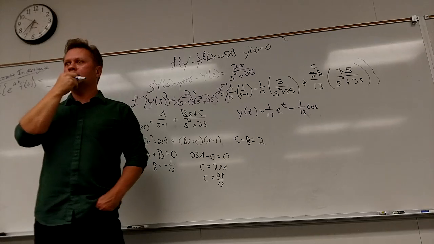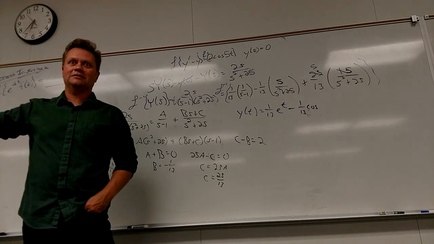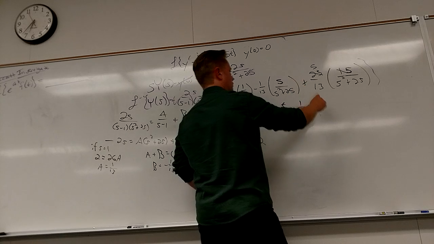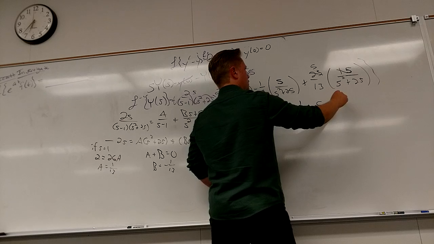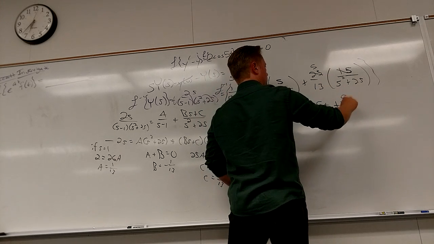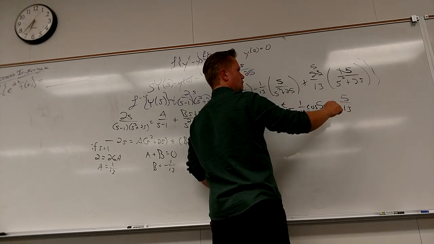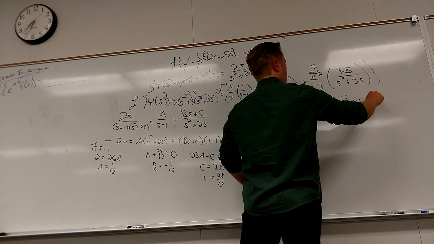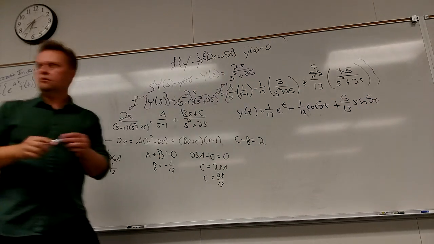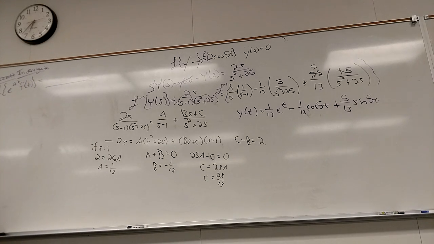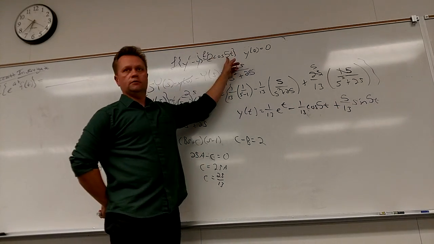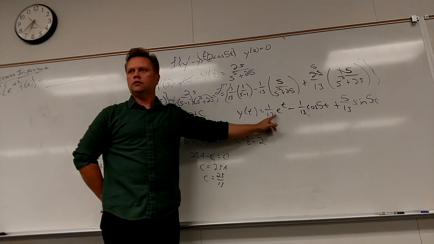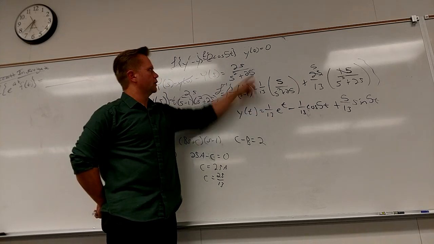I'd be so happy that I don't handwrite my tests. So this is minus 1/13 cosine of 5t plus 5/13 sine of 5t. So you can see these would be the particular solution from this, right? And this would be the YC with the constant figured out because of the initial value.